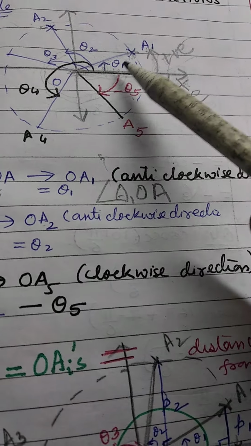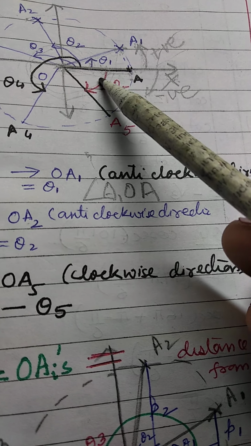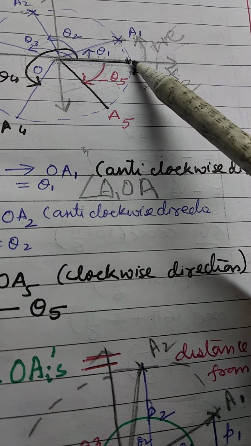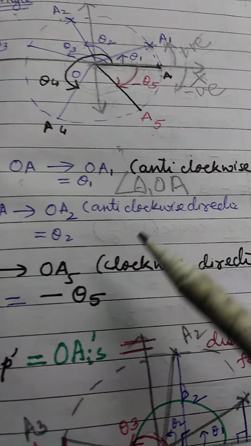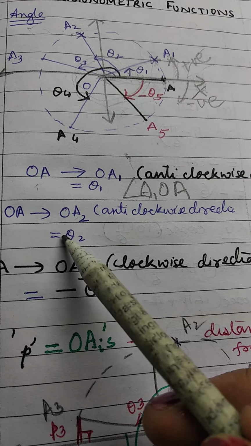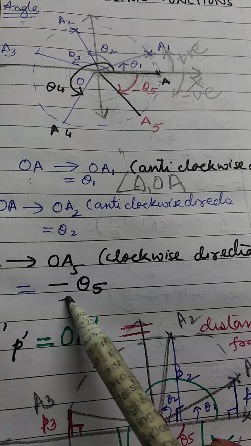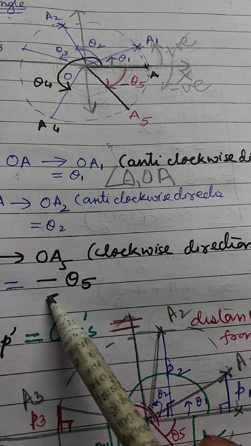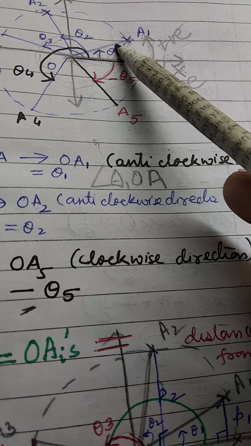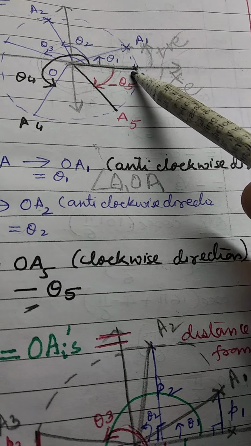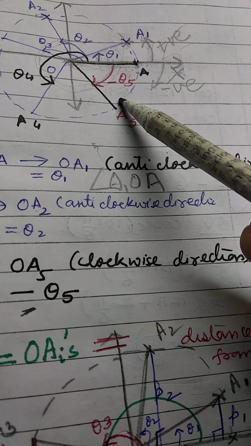Now, in case if we take the direction in the opposite direction, that is its clockwise direction, so it's A0A5, then the angle measured is minus, it's negative. So the positive angle is when the movement is in the anti-clockwise direction. Negative angle is if it is in the clockwise direction.